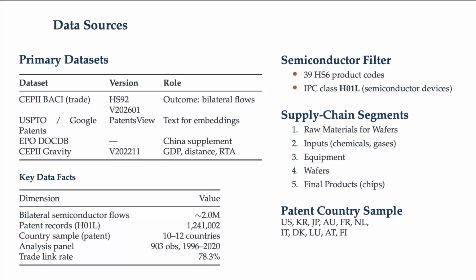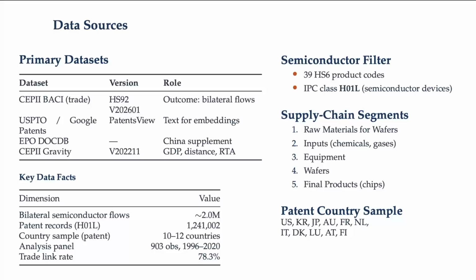So I connected the USPTO with the Google Patents database, and I can build up the patent data. And for a robustness check, I'm using EPO DocDB, the European Patent Office, checking only US origin data relative to the European side of it. So that is the primary dataset.